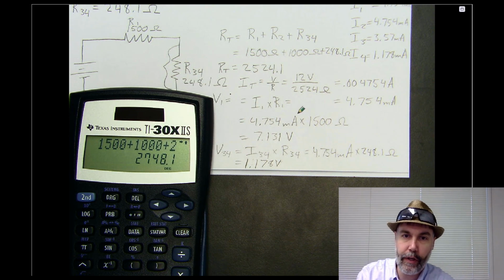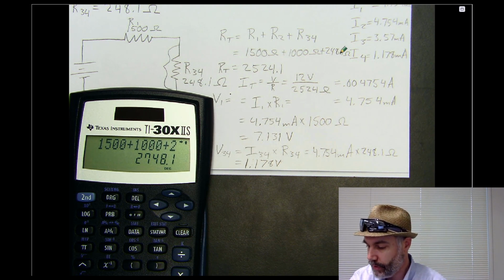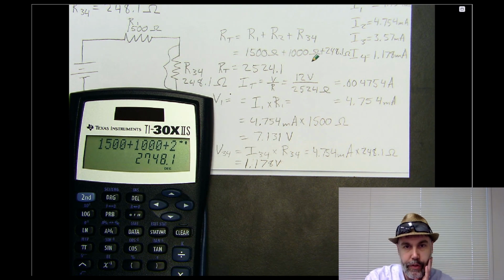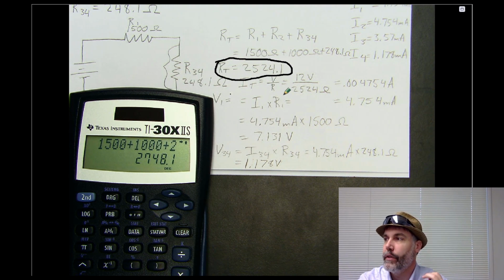And somehow I wrote that down as 2,524. You added 24.1 instead of 248.1. So yeah, there you go. That was the problem. I screwed up this first total resistance, and then that threw off all my other calculations, okay?